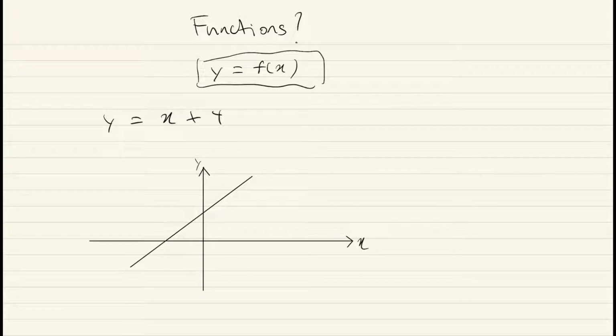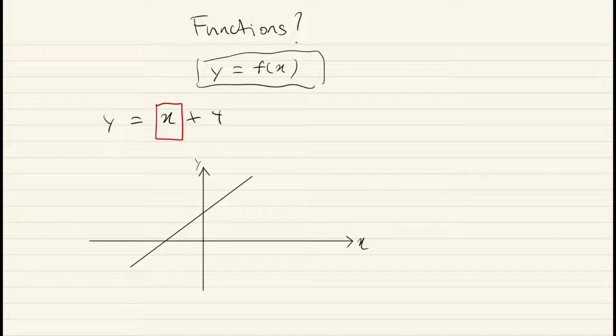When we look at this graph, which values do we have control over? y or x? We have control over x, right? Because we can't really control y, because y is basically the output.